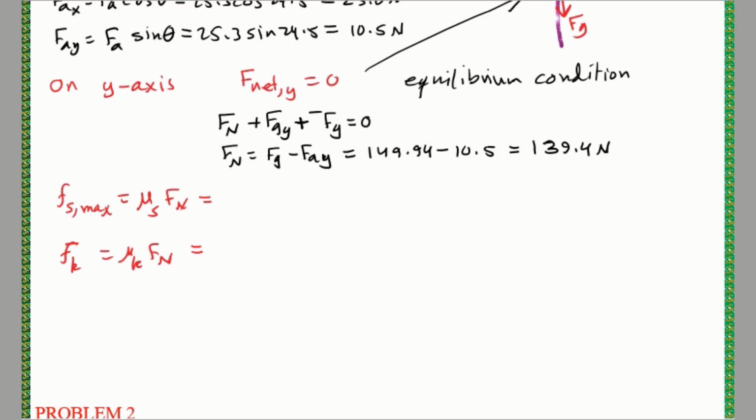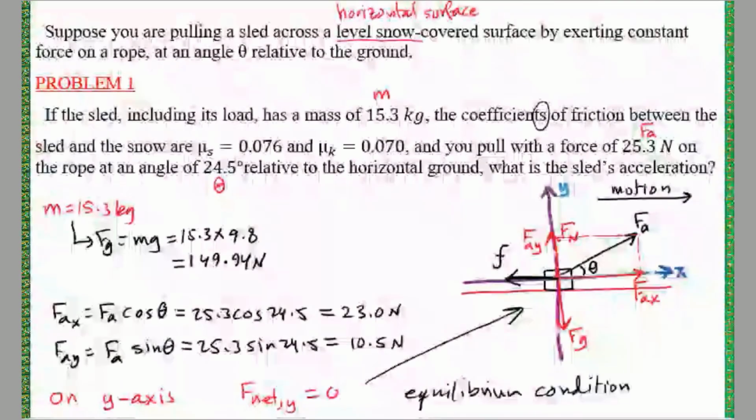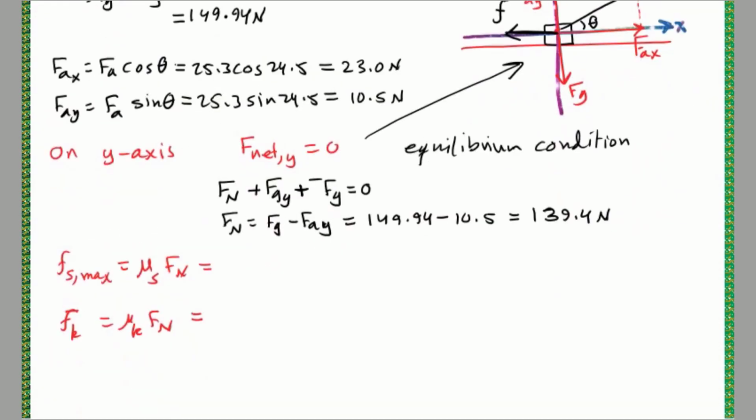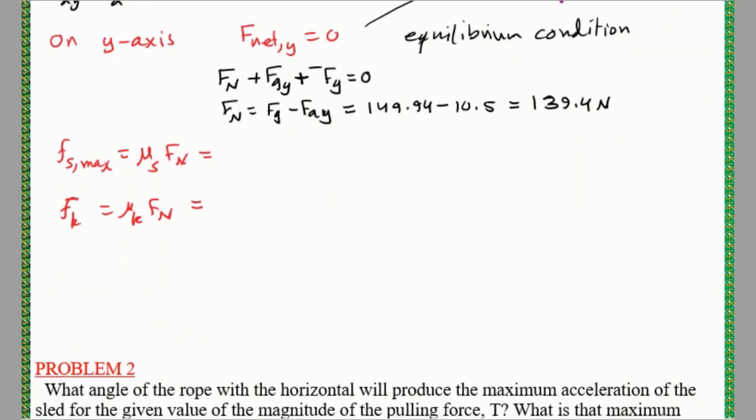Mu s and mu k are in the question: 0.076 and 0.070. So substitute here: 0.076 times the normal force, 139.4, and the answer will be 10.6 newtons.